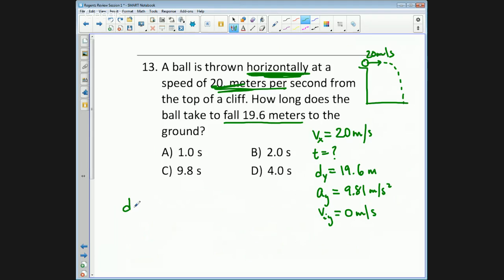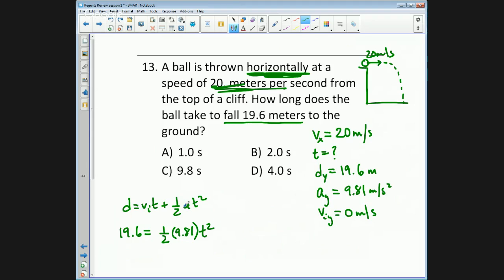So again, we're going to use this formula, d equals ViT plus 1/2 AT squared. Distance is 19.6 meters. My initial speed in the y direction is 0, so this whole term cancels out. And I'm going to have 1/2 A, which is 9.81, and t squared is what I'm solving for.